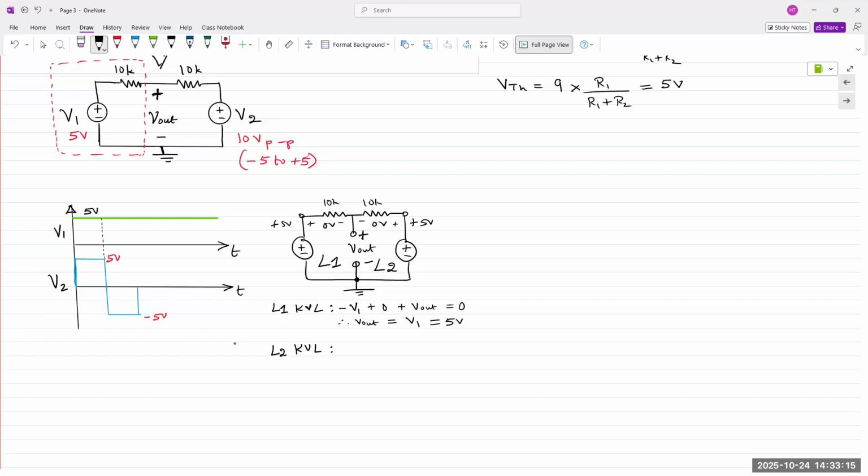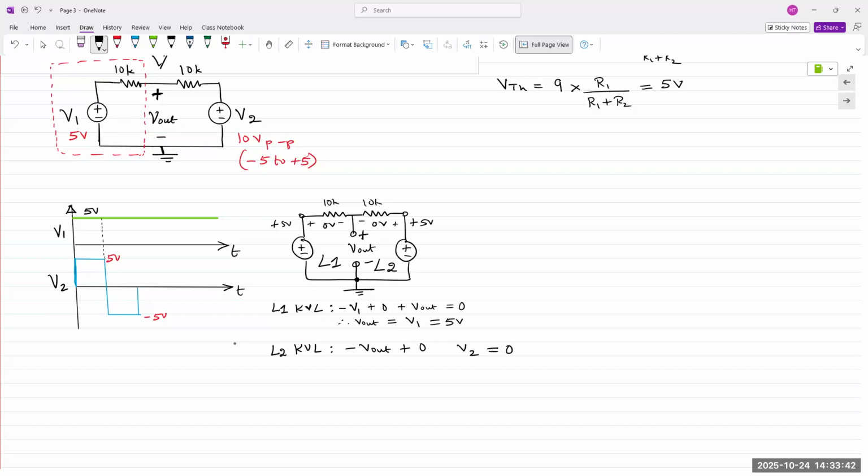And so we apply KVL in the left loop, and we obtain V out as 5 volts. We apply KVL in the right loop, we must obtain V out as 5 volts. That cannot change. So let's apply it. If I sum up on the right side, I have V out, I have 0 volts, and I have V2. If I sum it all up, I should equal 0.